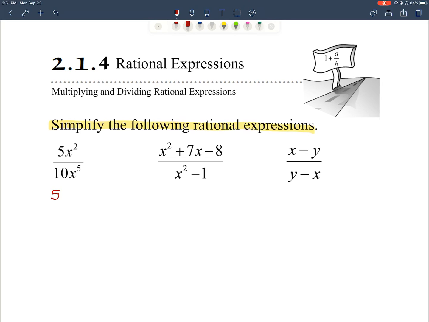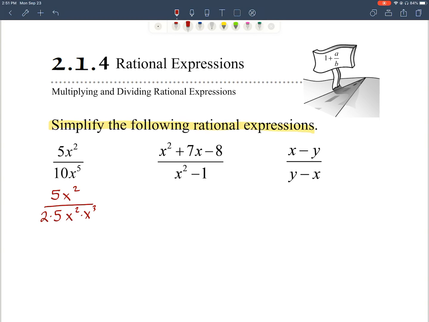If we look at 5x squared, and we're dividing it by 10 times x to the fifth, we can take that 10 and break it into 2 times 5, and then an x to the fifth, we could even look at it as x squared times x to the third.